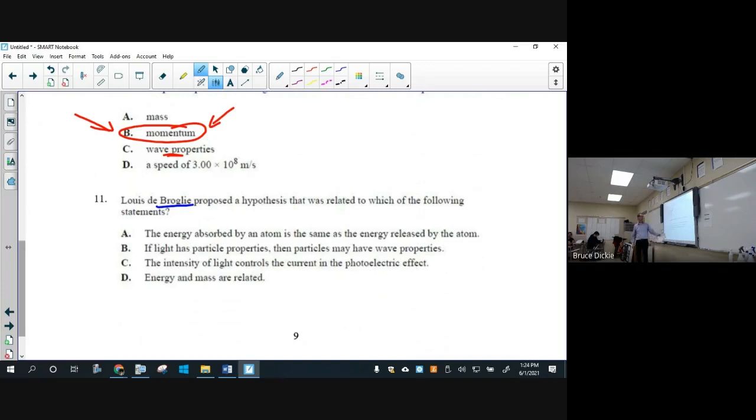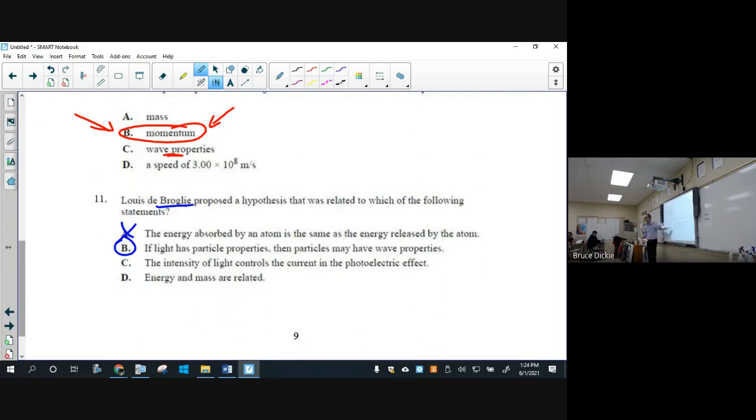De Broglie proposed a hypothesis that was related to which of the following statements? The energy is the same as the energy released by the atom. No, he didn't say anything about that. If light has particle properties, then particles may have wave properties. That sounds pretty good. Let's just make sure now. C, the intensity controls the current in the photoelectric effect. Is that a correct statement?